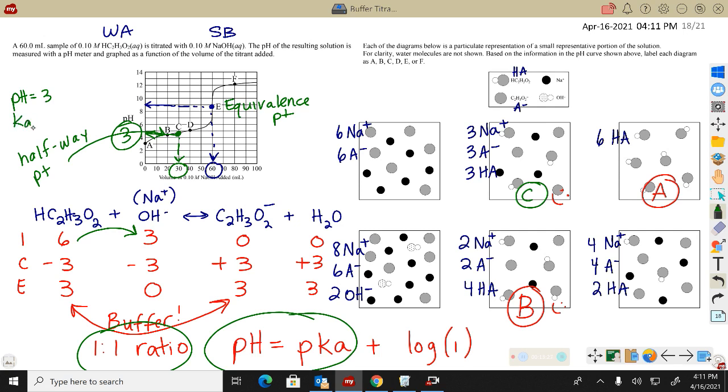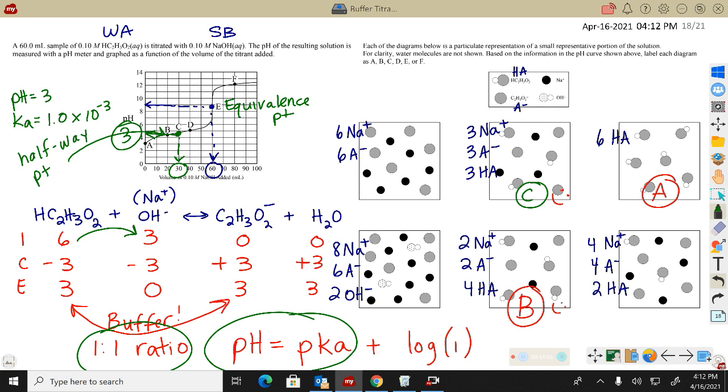Or in other words, the Ka is 1.0 times 10 to the negative third. This is a way of identifying an unknown acid. If I can find the pH at the halfway point, which I can get off my graph now, I know that at the halfway point, it's the magical 1-to-1 ratio buffer, where if I take that pH and go 10 to the negative third in this case, that would help you identify the acid if it was an unknown acid.